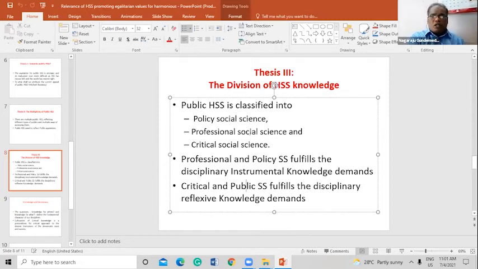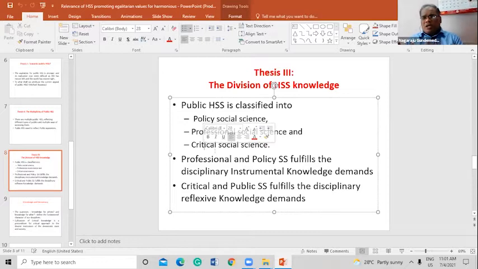We should primarily fulfill the professional concerns. And the most important point is that in order to enrich the professional demands as well as policy demands, there should be a critical inquiry within social science knowledge. One needs to celebrate the critical approach.